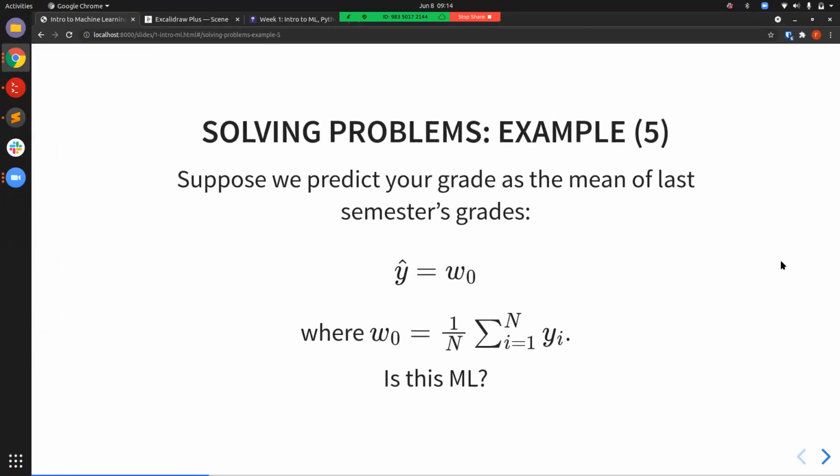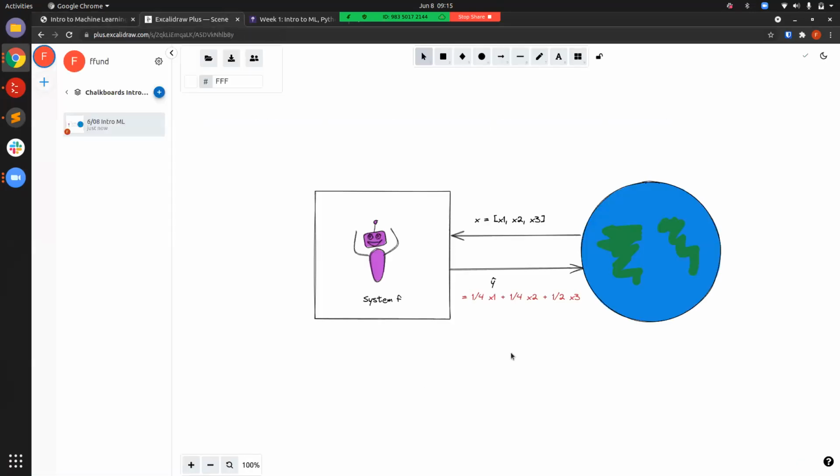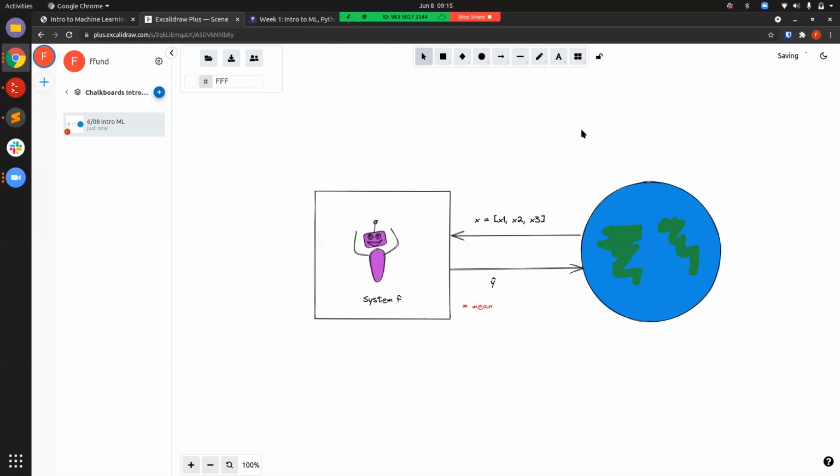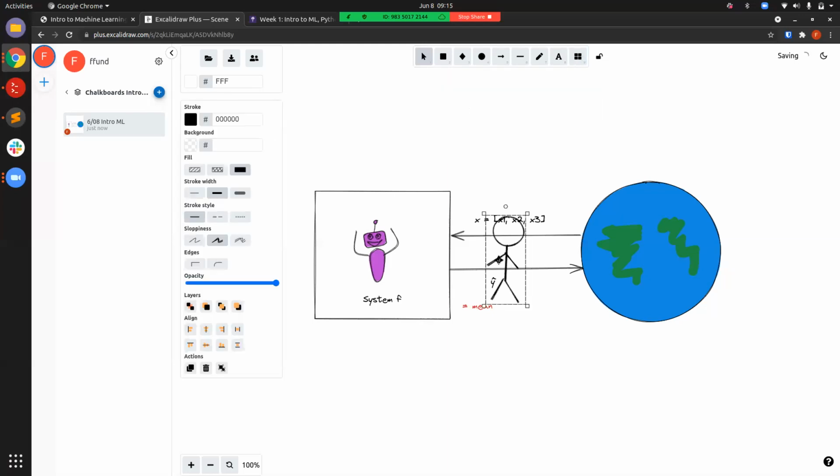Suppose we predict your grade as the mean of last semester's grades. So we're going to predict your grade as W0, where W0 is the mean of last semester's grades. So now we're actually completely ignoring the input. Instead, we're going to use a mean of last semester's grades. So let's put last semester's students in here.